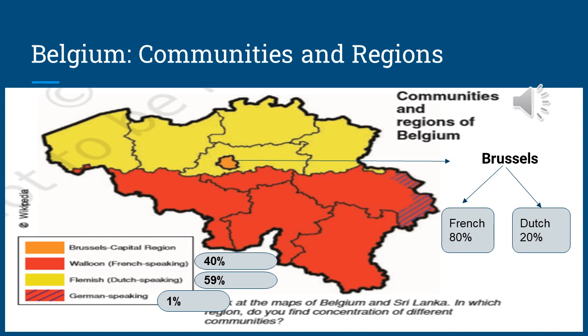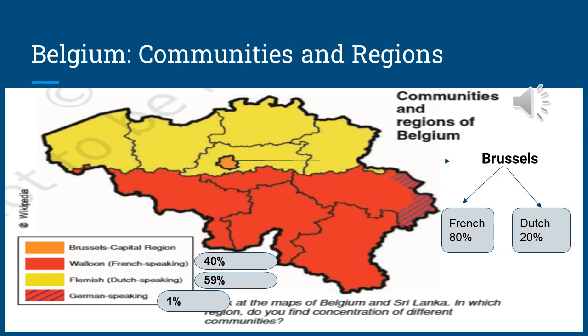At the top it is yellow in color. Southwards, downward, it is red in color. In the southeast, it is shaded. Nearly at the center you see a small region orange in color, and that is the capital of Belgium, which is Brussels.